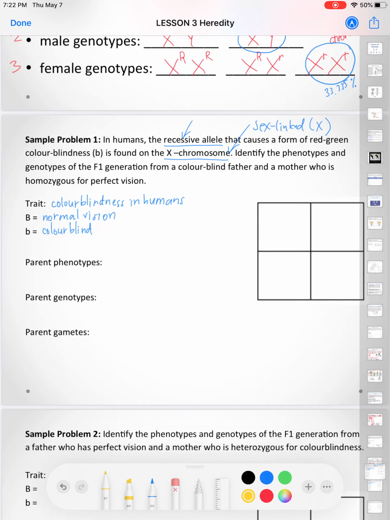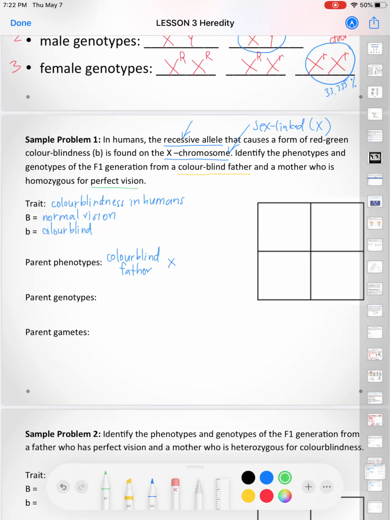Okay, so we have a colorblind father. Okay, so let's go in and do that. We have a colorblind father. It's important that we put father, crossed with a mother who is homozygous for perfect vision.